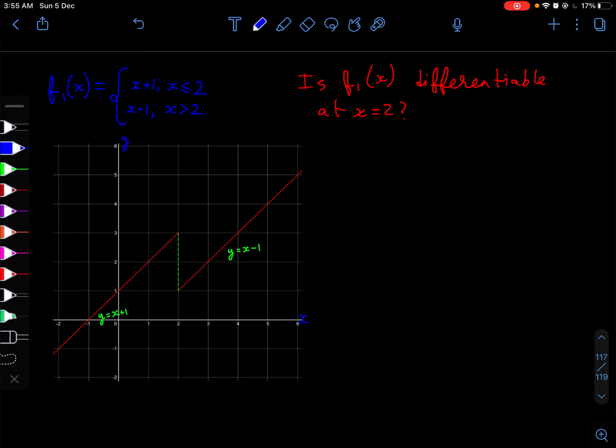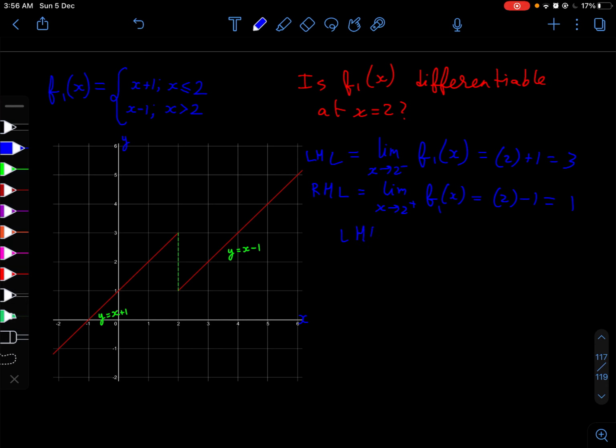If we want to find that, we first check the continuity. We check the limit as x tends to 2 minus, so this is the left hand limit, limit as x tends to 2 minus of f1 of x, which is 2 plus 1, which is 3, and we also check the right hand limit, which is limit as x tends to 2 plus of f1 of x, which equals 2 minus 1, which is equal to 1.